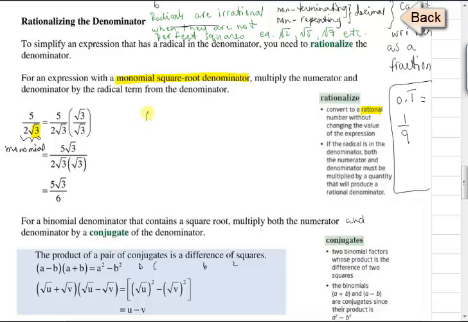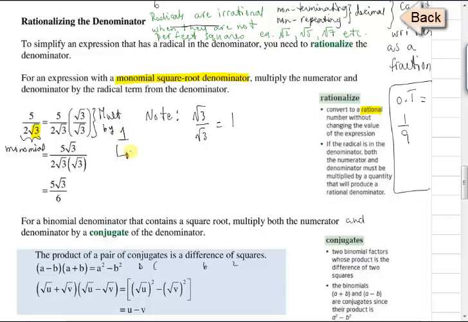Now, why does this work? Note that root 3 divided by root 3 is equal to 1. Anything divided by itself is equal to 1. So really what I'm doing here is multiplying by 1.